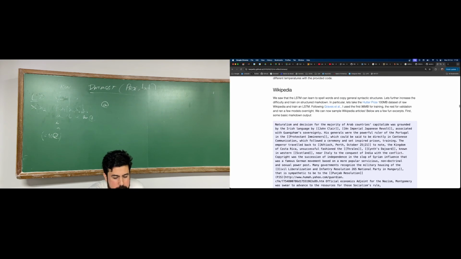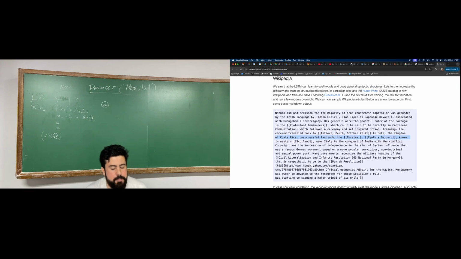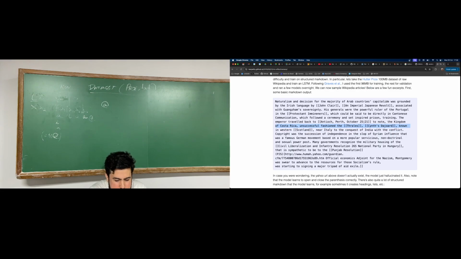And here's Wikipedia, same thing. But he trained this on the markup language of Wikipedia, not on the actual text. The documents of Wikipedia are actually written using some sort of markup language.